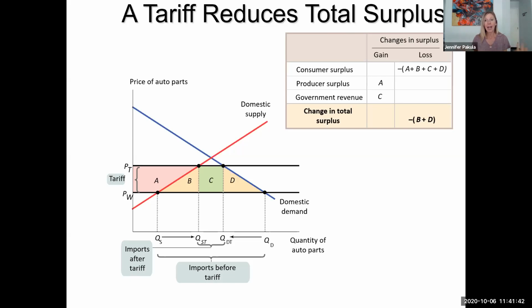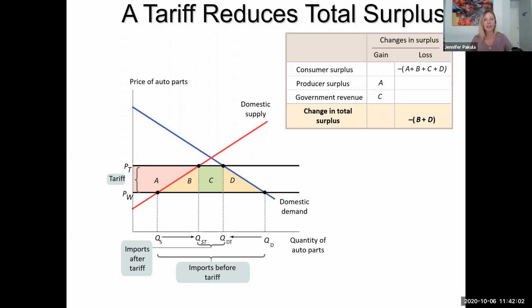But now we have a third participant that we had before. Consumers are the losers, producers are the winners, and then government picks up area C. Area C is the amount of tax revenue that comes from the tariff.